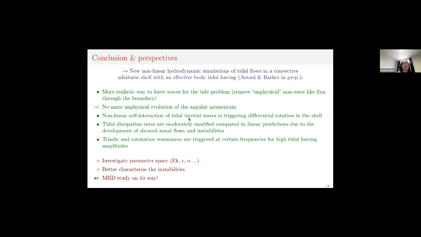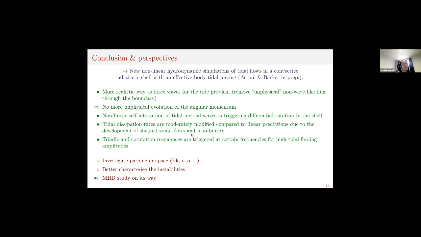We still have some differential rotation that is triggered inside the shell, but the nonlinear tidal dissipation rates are closer to the linear prediction as found before. And this can be explained by the development of shear zonal flow for a lot of frequencies, but for some cases, we have also seen instabilities appearing, triadic and co-rotation resonance in our model.